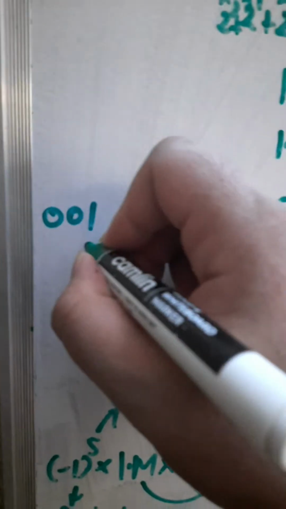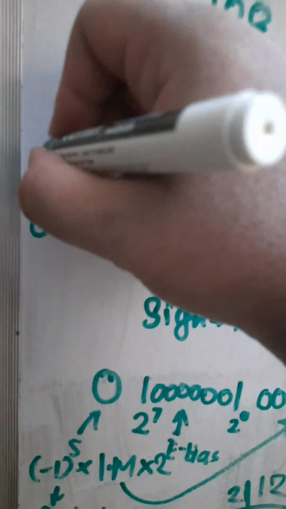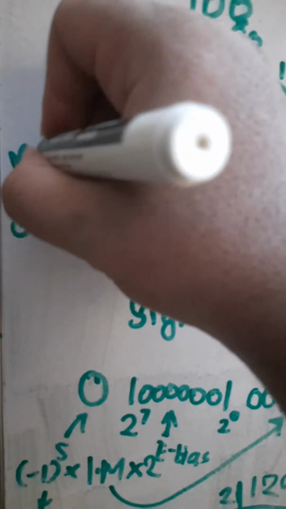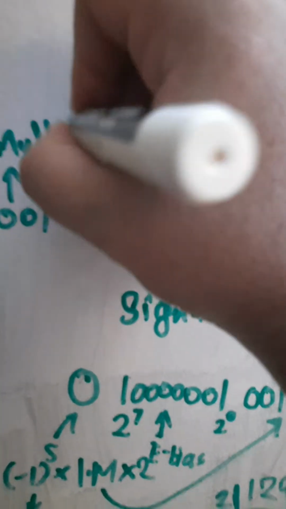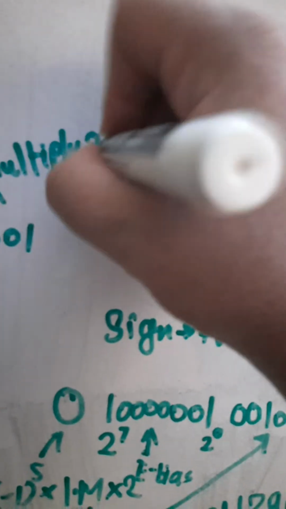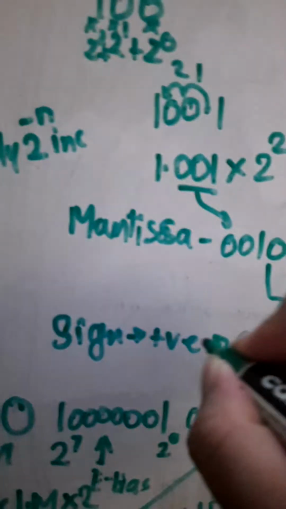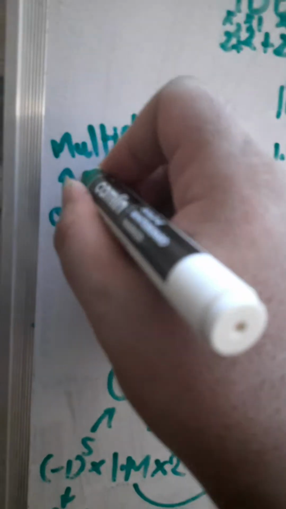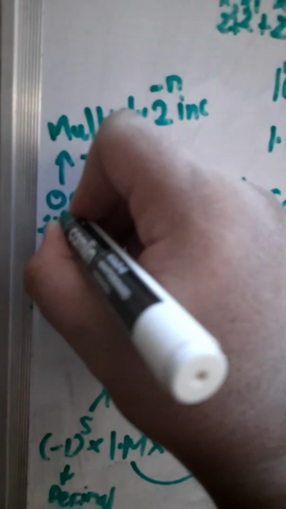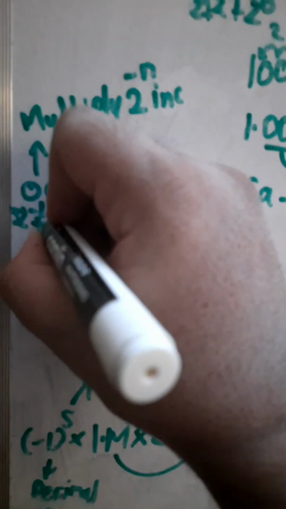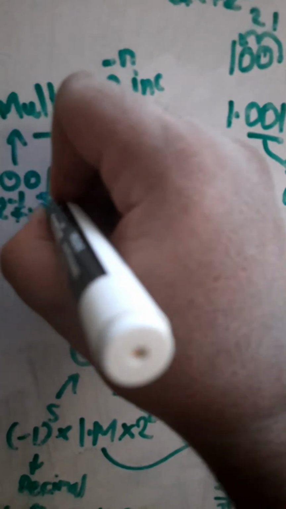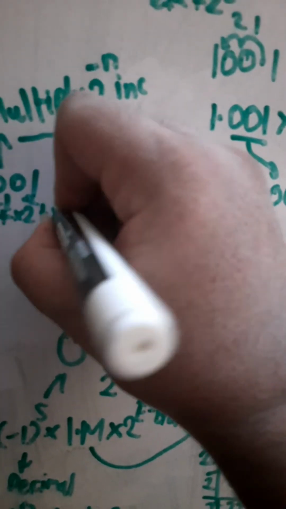Then you have to multiply by 2 raised to minus n, increasingly, like 2 raised to minus 1, 2 raised to minus 2, like that, to the right side. So this would be 2 raised to minus 1 plus 2 raised to minus 2 plus 2 raised to minus 3.